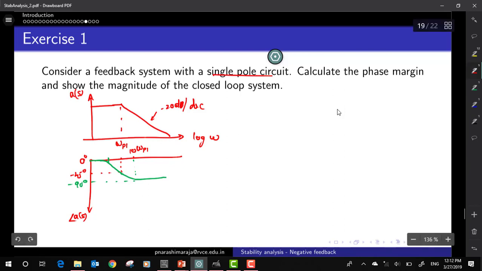Let us bring in our phase margin formula, which is 180 degrees plus the phase. Which phase are we talking about here? What I have plotted is my open loop system.